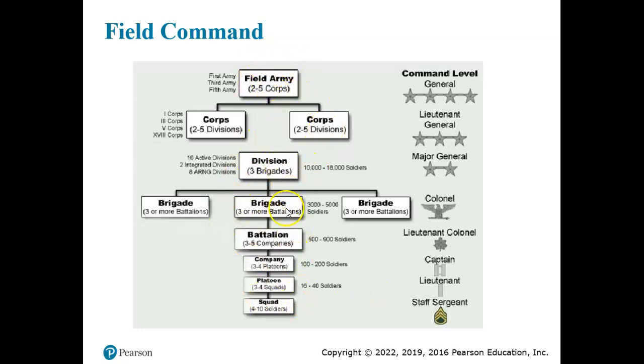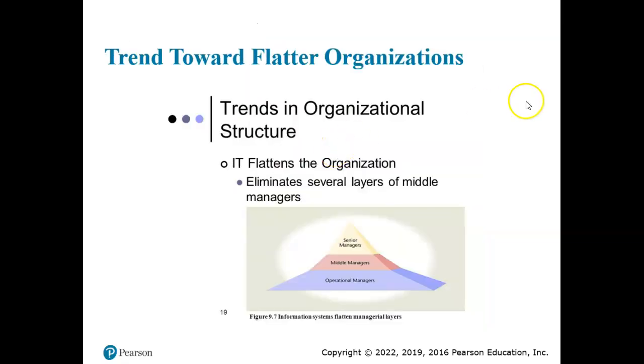The reason it's set up in this very tall hierarchy is that it has to be very well coordinated. The trend, however, is towards flatter organizations, and technology is really driving a lot of that.